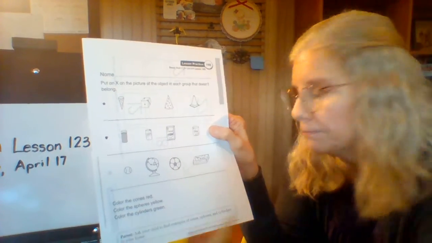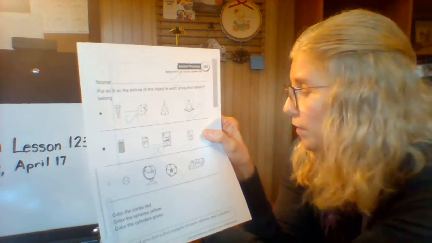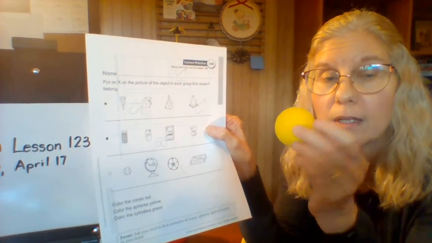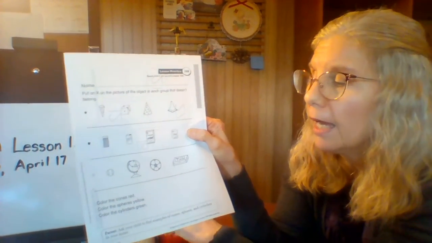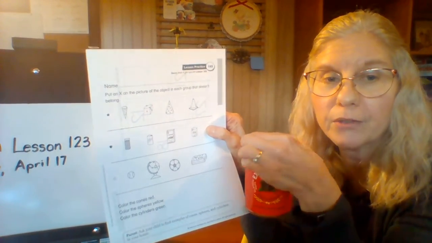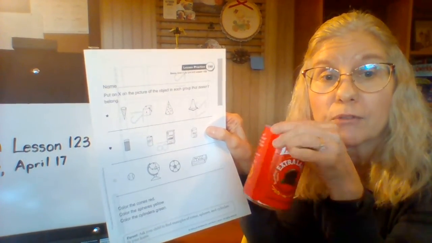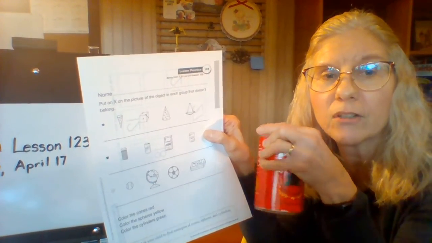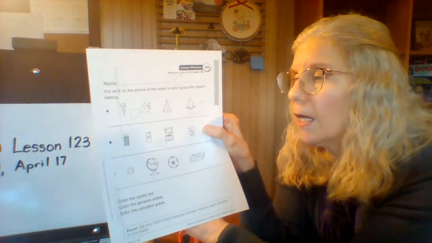Cones are red. Spheres are yellow, just like I have a yellow sphere. A sphere is a ball. Sphere is the math name for a ball. And the cylinders are green. My cylinder is not green, but you need to color the cylinders green. Cylinders have a circle on the top and the bottom and a rectangle connecting them.